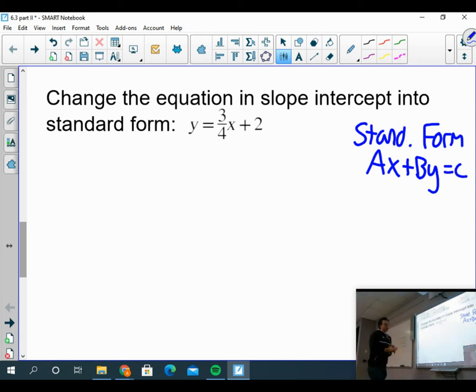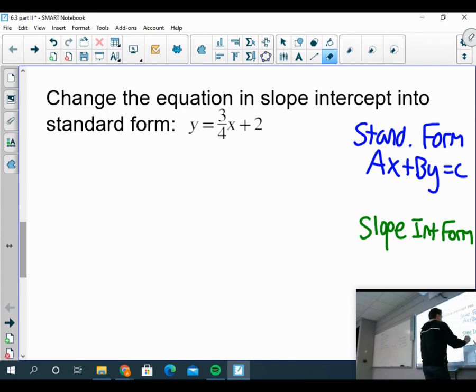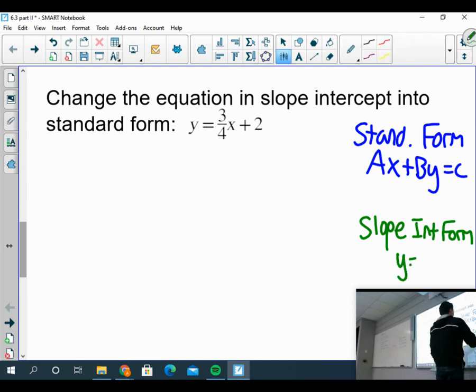But we've also learned another form of linear equation, slope-intercept form. We like slope-intercept form if we know the slope and the y-intercept. This equation is y equals mx plus b.